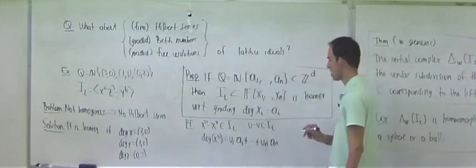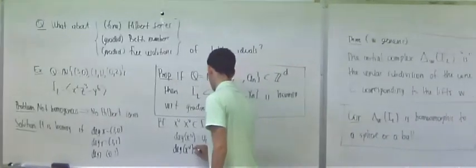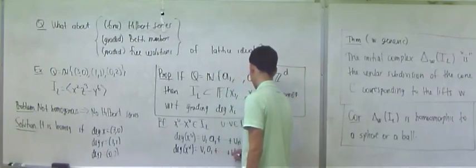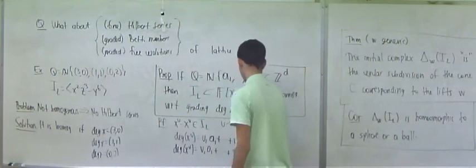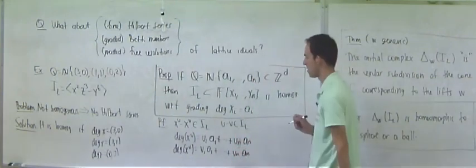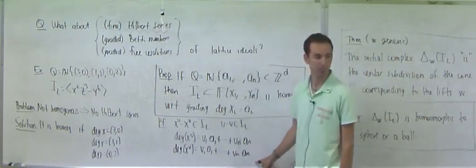Okay? And the degree of x^v is v1 a1 plus dot dot dot plus vn an. And I have to justify that these two guys are the same degree.